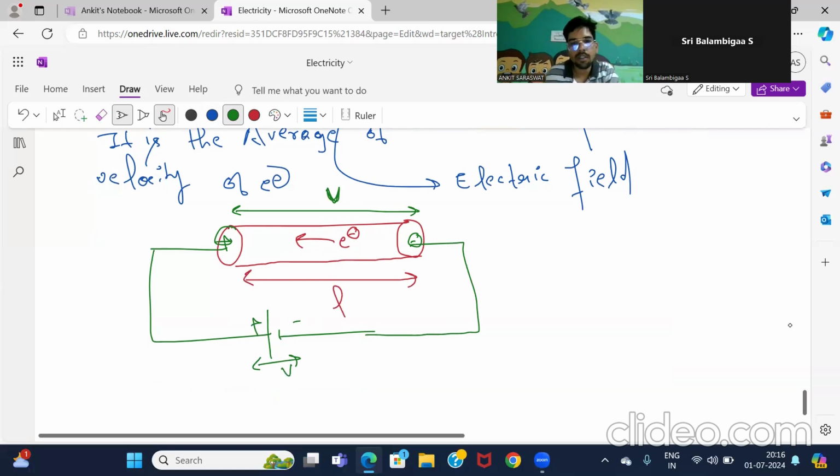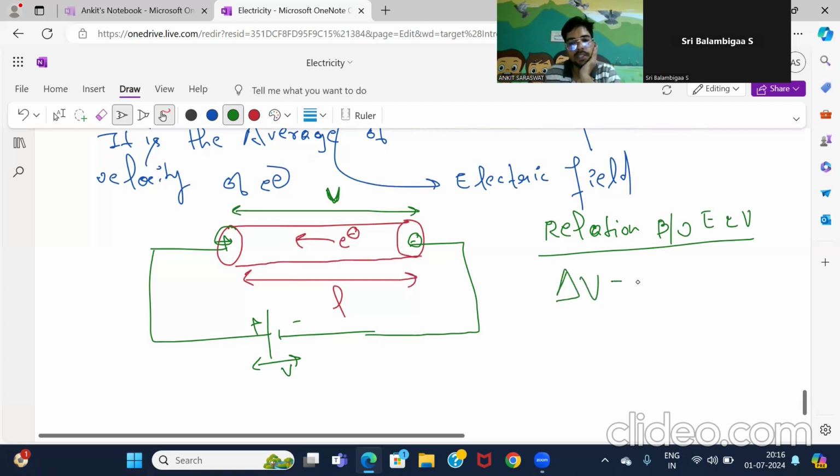If I ask, what is the relation between electric field and voltage? Electric field, relation between E and V, clear? Then you just write down the relation. It is very important.